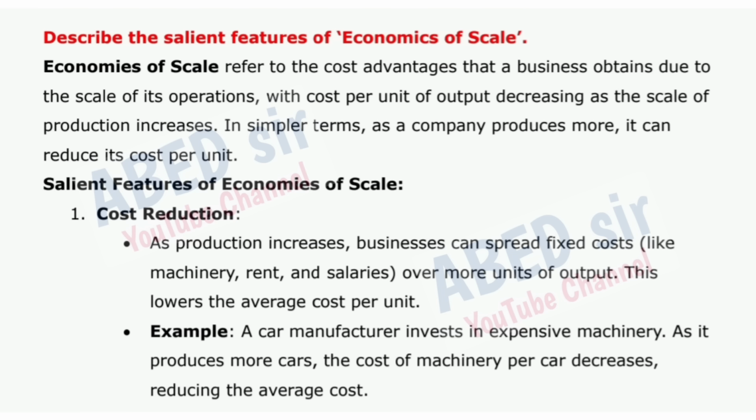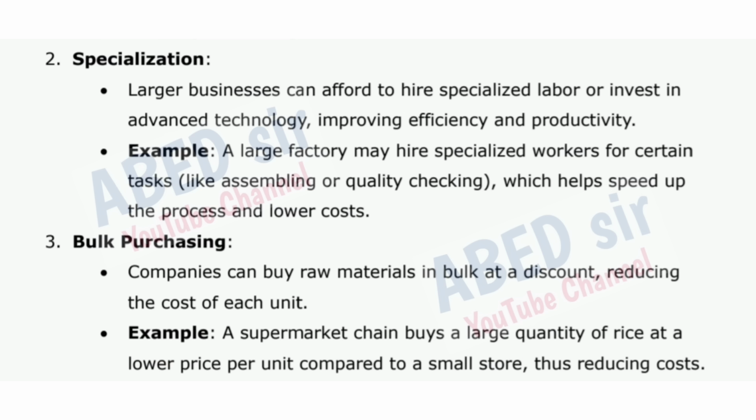1. Cost reduction. As production increases, businesses can spread fixed costs, like machinery, rent, and salaries, over more units of output. This lowers the average cost per unit. Example, a car manufacturer invests in expensive machinery. As it produces more cars, the cost of machinery per car decreases, reducing the average cost. 2.